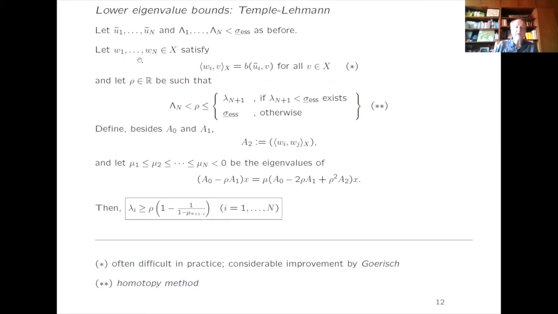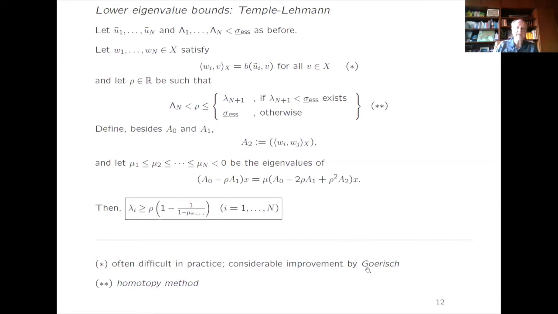And if we want to have these exactly in our hands, this is, of course, more or less impossible. We can't calculate exact solutions of a boundary value problem. So that is the Lehmann approach, which has this big problem, which is hard to do in practice. But for that, there is a considerable improvement of that condition, which has been given by Görisch about 30, 40 years ago.